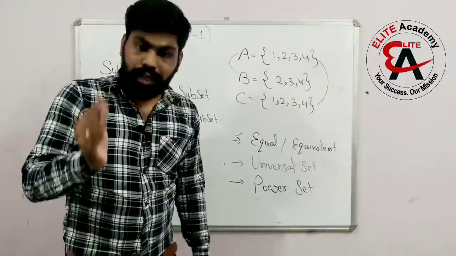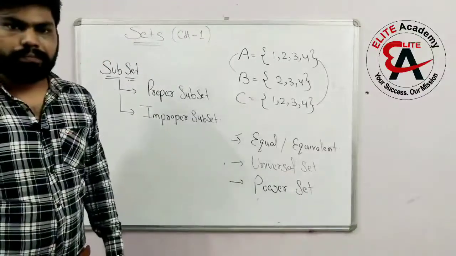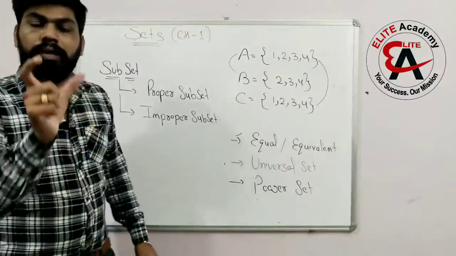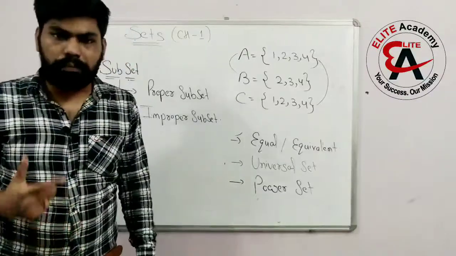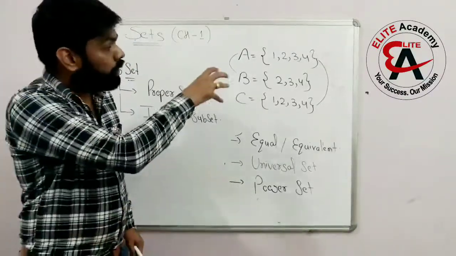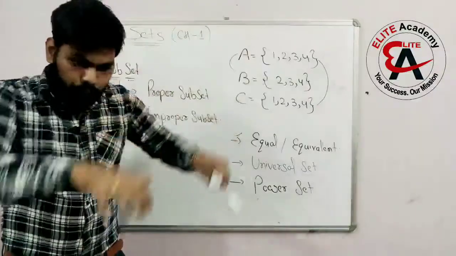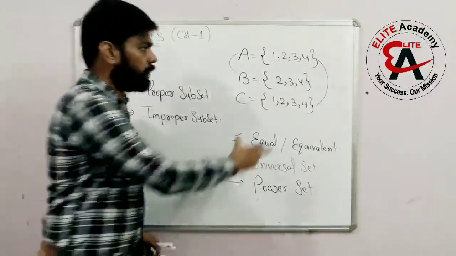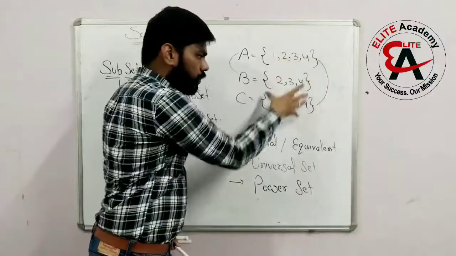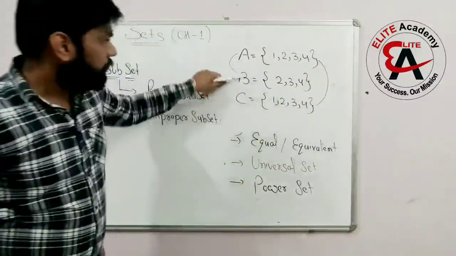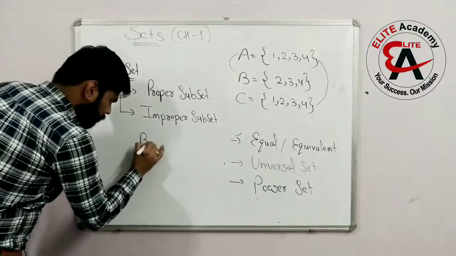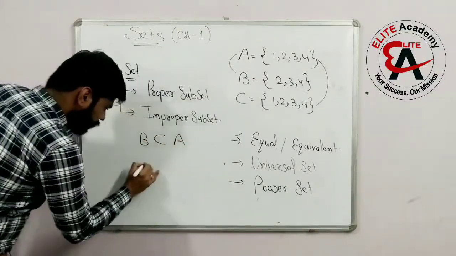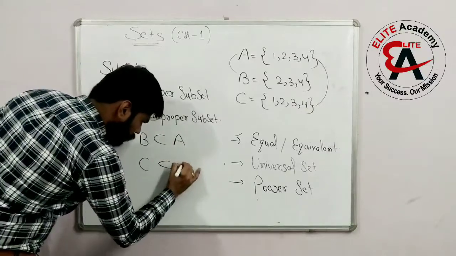Obvious. So can I say C is a subset of A? Yes, we have to. Why? A set that is a part of another set will be the subset of that set. Whether it is a small part or covers the whole thing, it doesn't matter. Like here 3 elements were picked, here all the elements were picked. That means B is a subset of A as well as C is a subset of A.